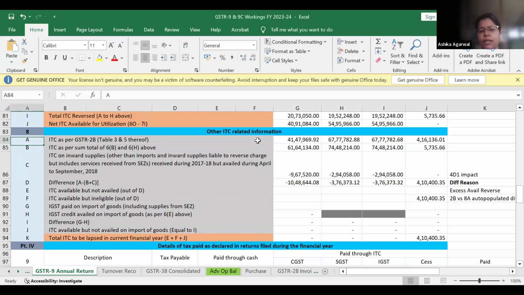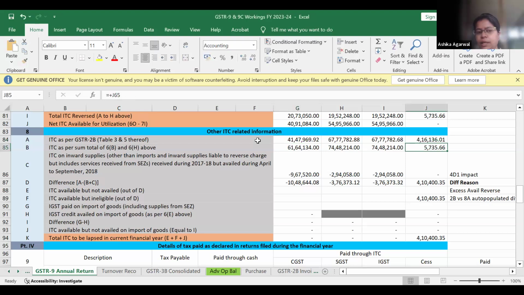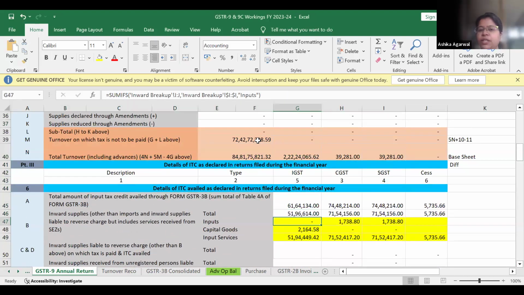You can see table 8. Now in table 8, ITC as per GSTR 2B is getting auto-populated. Table 8B is also an auto-population based on the data furnished in table 6B and 6H. Now what is table 6B and H? 6B and H is basically your all other ITC, which we have divided into two parts.